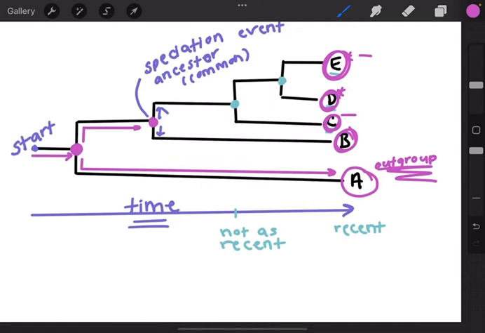But they differ in relatedness amongst themselves.